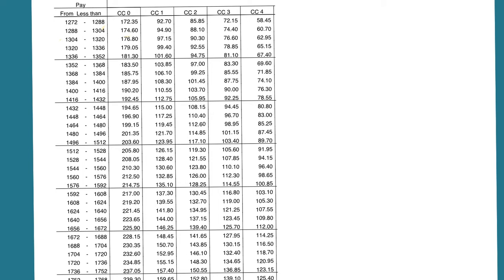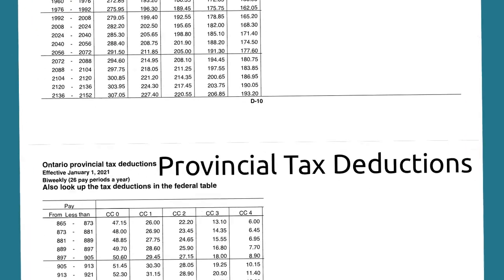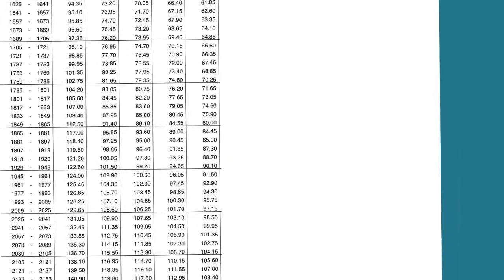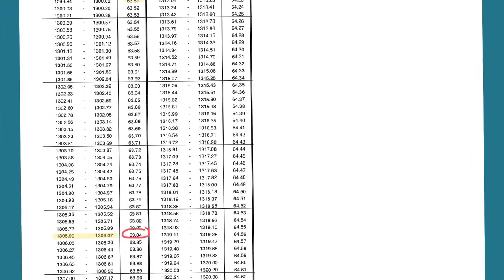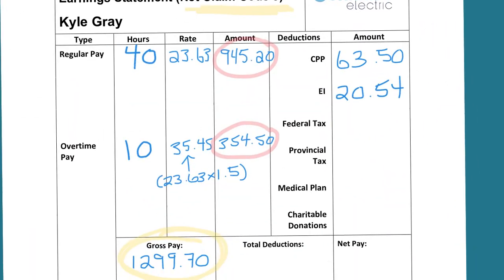So we're looking for his amount of $1,299.70, which will be right in here at the beginning. His net claim code was 0, so that's the first column here, 0. So he's just going to be this number right here, the 174.60. So we'll go back to our example here and write that number in. 174.60.